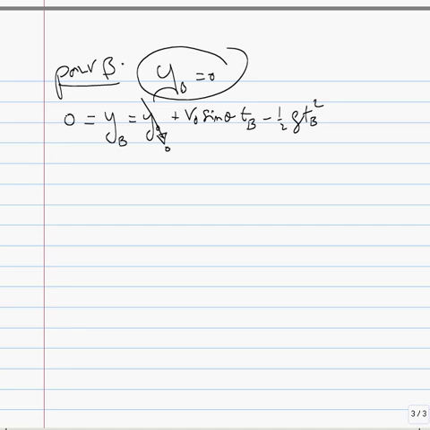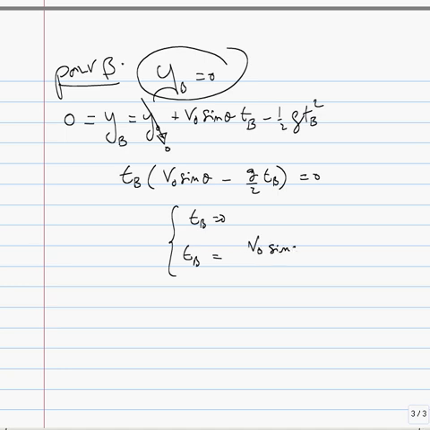Now this is quite nice because now we can solve for the time. Let's factorize tb. We're going to have tb times v naught sine theta minus g over 2 tb is equal to 0. This will give me 2 solutions: tb is equal to 0, or tb is equal to v naught sine theta multiplied by 2 divided by g.